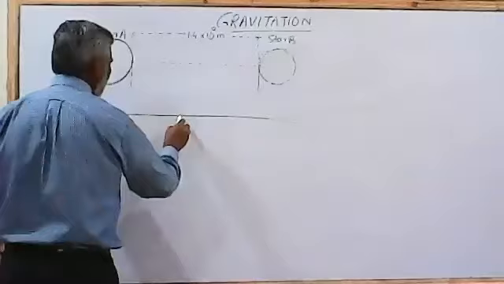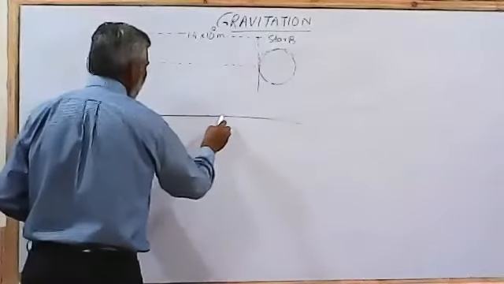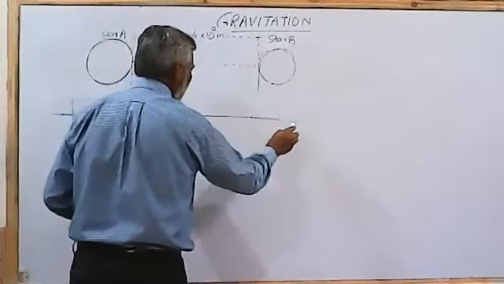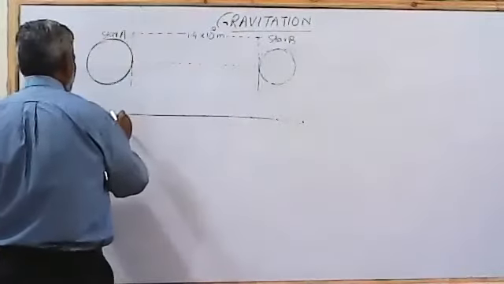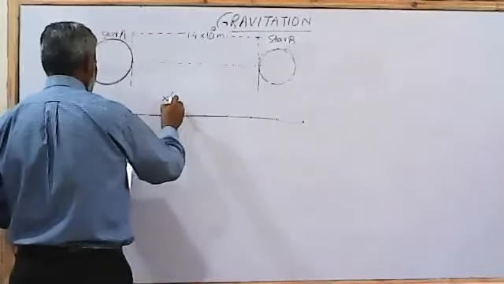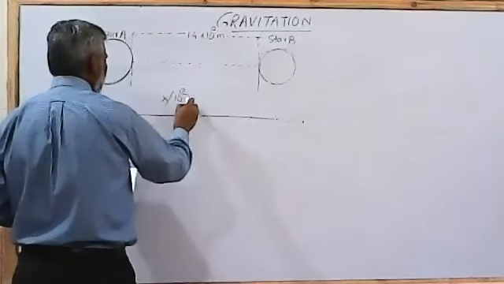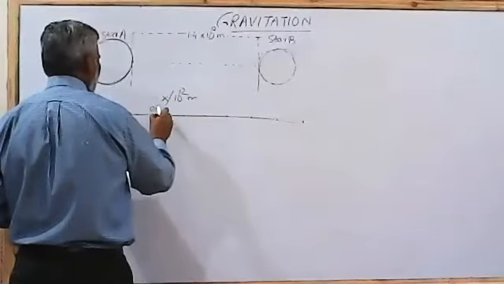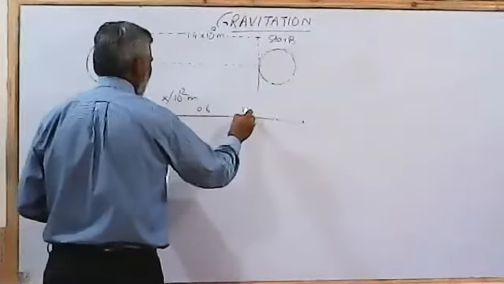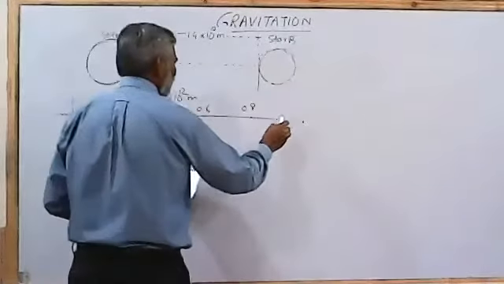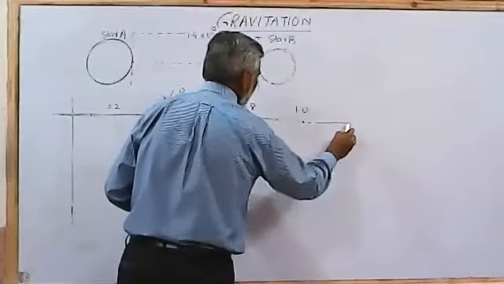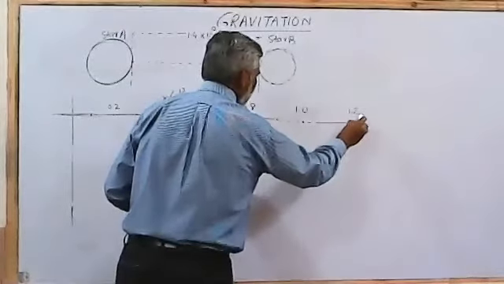Let's quickly write these values here first, and then we'll discuss what they are saying. This is 0.2 times 10 raised to the power 12 meter. This is 0.4, 0.6, 0.8, and this is 1, and then this is 1.2.